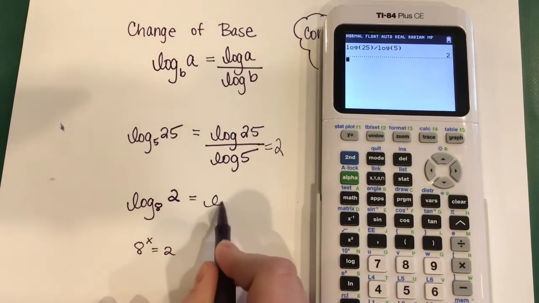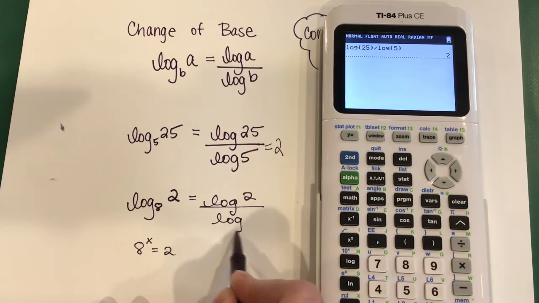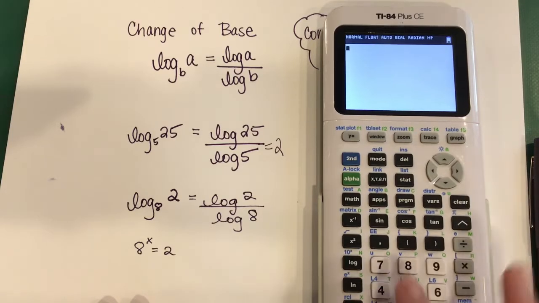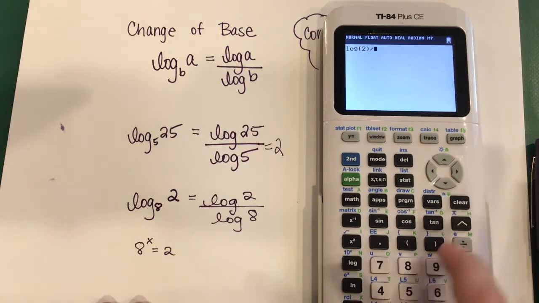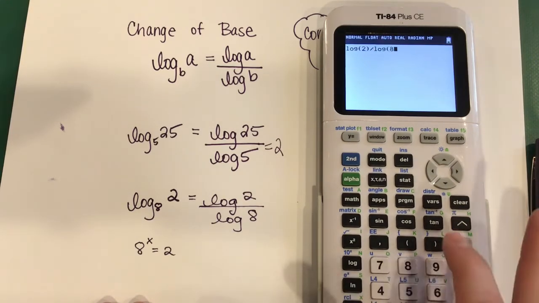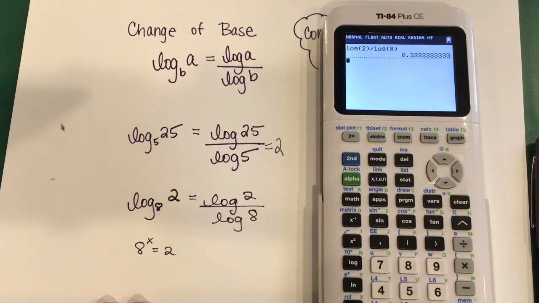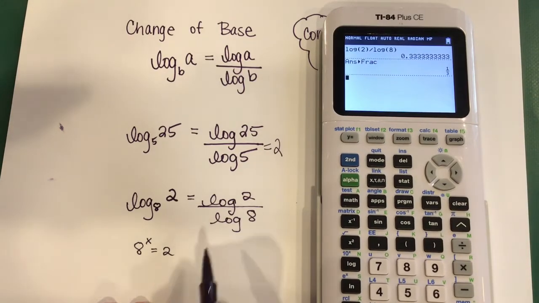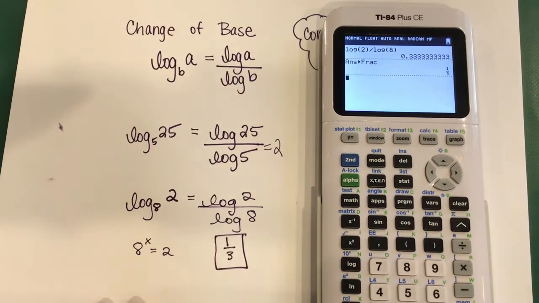So, if I have log of 2 over log of 8, I have my calculator. So, log of 2 divided by log of 8. That is not 4, but if I want it as a nice pretty little fraction, it is 1/3.